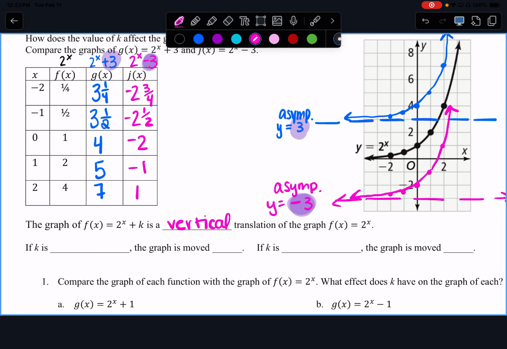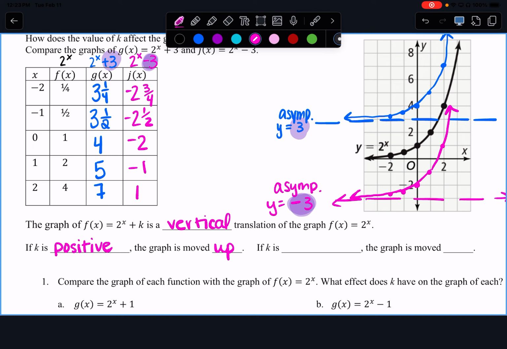It could be 5,000. We're just using 2 because it's an easy number to work with, okay? And so we know if k is positive, so what happens if we're adding something positive? How does it move, up or down? Up. The graph is moved up.